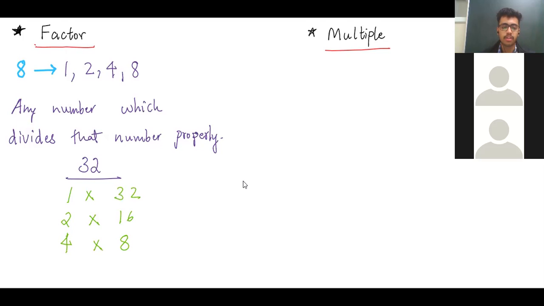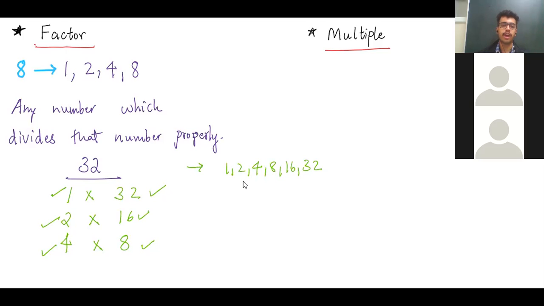No. Then 8 onwards is written over here only, right? So we finished. 1 is a factor, 2, 4, 8, 16, and 32 are factors. So the factors of 32 are 1, 2, 4, 8, 16 and 32.